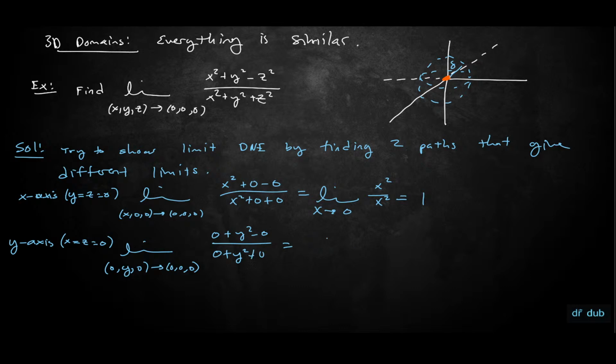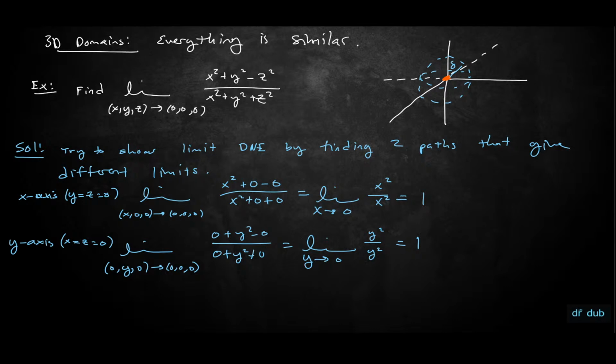And that would just be the limit as y goes to 0 of y squared over y squared, which again is just 1. So far, I've got the same thing. That doesn't tell me anything, except that along the x and the y-axis we get the same limit.